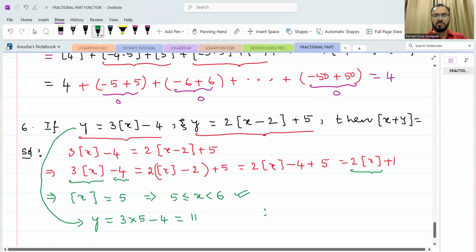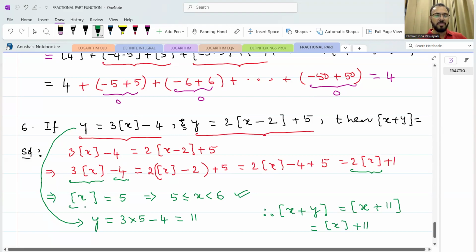So therefore, integral part of x plus y: we got directly y is 11. So I can write integral part of x plus 11, that's equal to integral part of x plus 11. What is integral part of x?